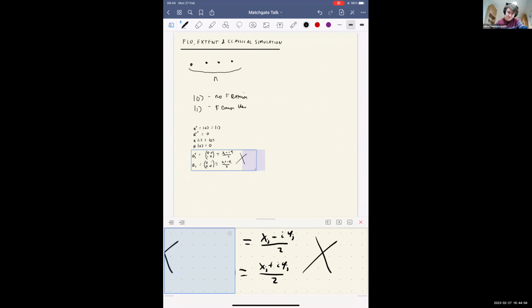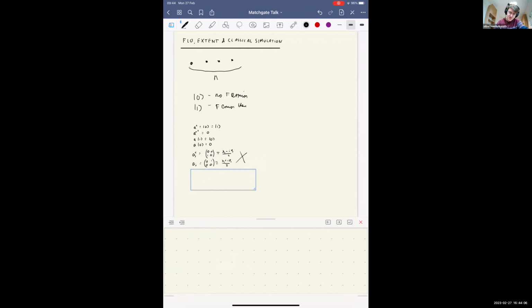In order to make the commutation relations work correctly, to make the spin statistics theorem work, to make the swapping give you a minus sign, you write A_J dagger as a product from I equals 1 to J minus 1 of Z_I, times X plus iY over 2 on qubit J.